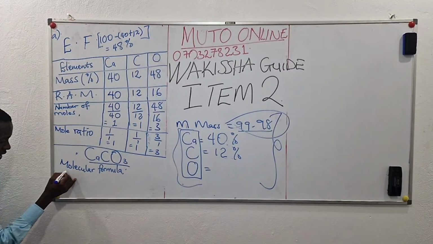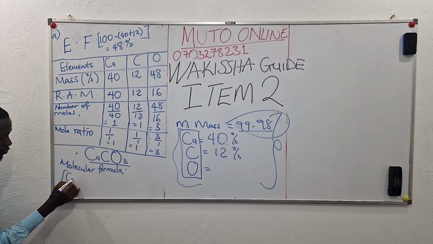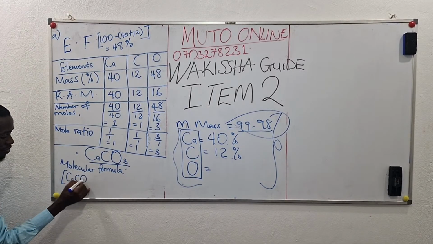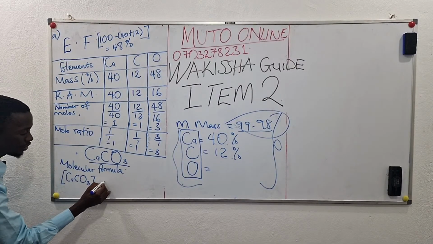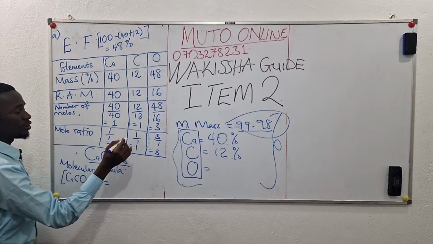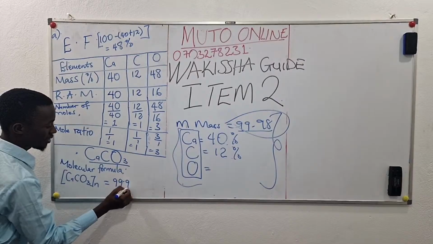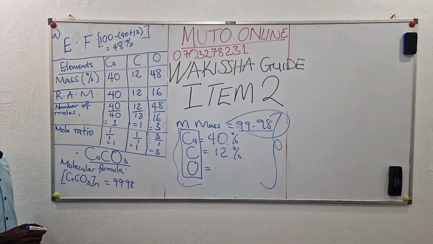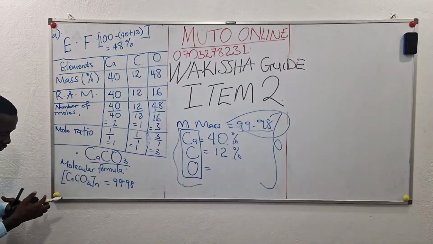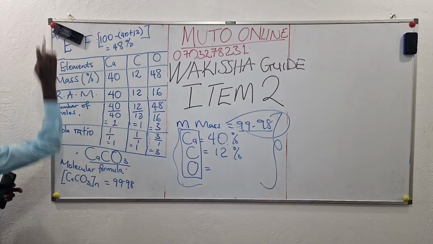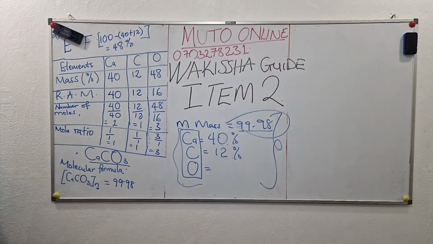To get the molecular formula, we shall get the total number, the sum of all the atomic masses of the empirical formula we obtained, multiplied by any unknown, equaling them to the total mass, which is 99.98. So what we shall be getting will be the actual number. So the n is representing the actual number of moles of each of these ones in the formula.